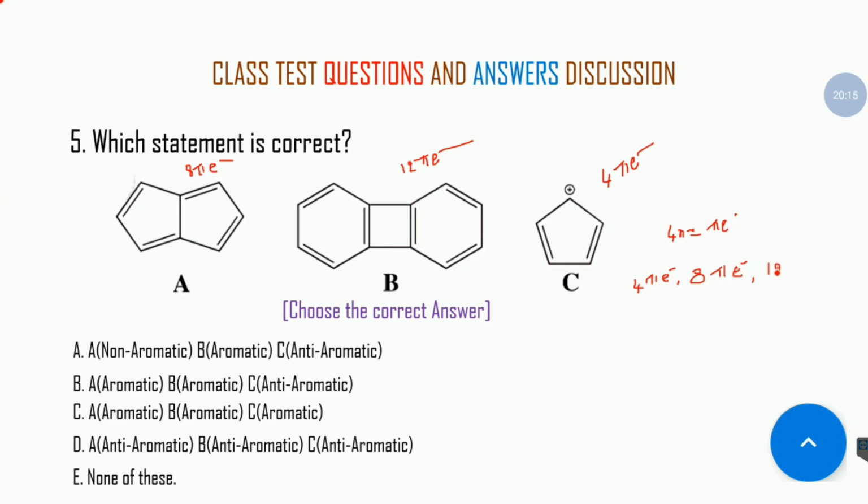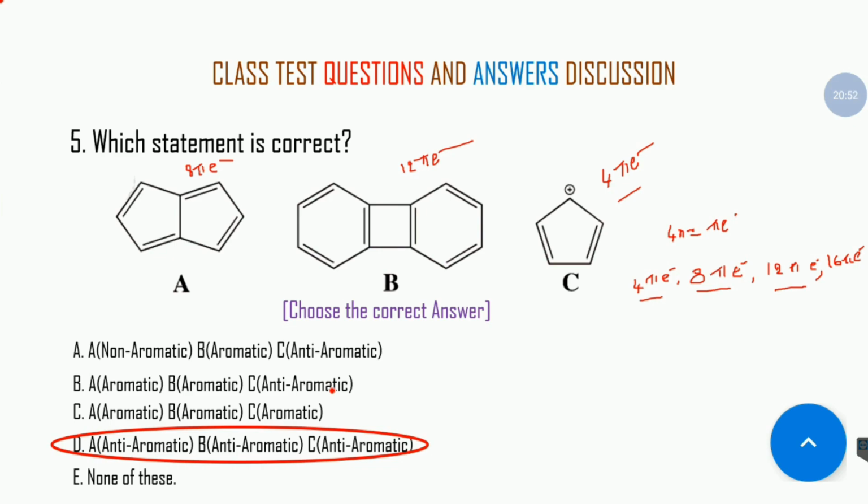This increases in steps of 4, then 16 pi electrons. So we get 8 pi electrons in this series, which means it's the series of anti-aromatic compounds. 12 pi electrons and 4 pi electrons are also there. So that means A, B, C are all anti-aromatic compounds. You have to select the option where all three compounds are anti-aromatic. I think it's option D. Yes, it's D. Understood?